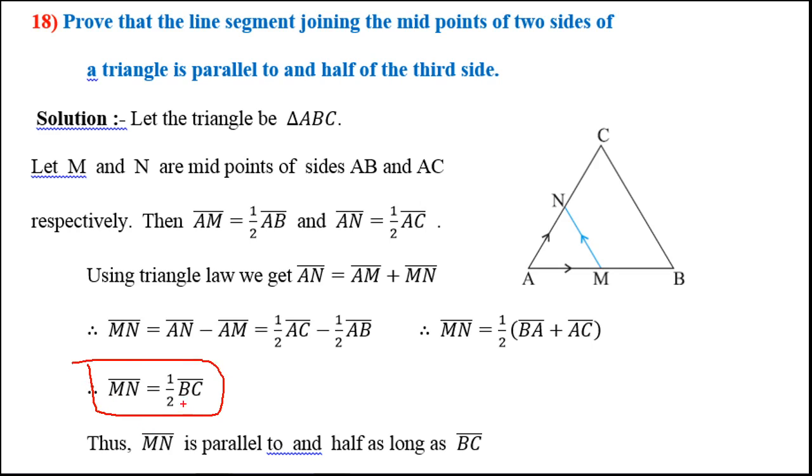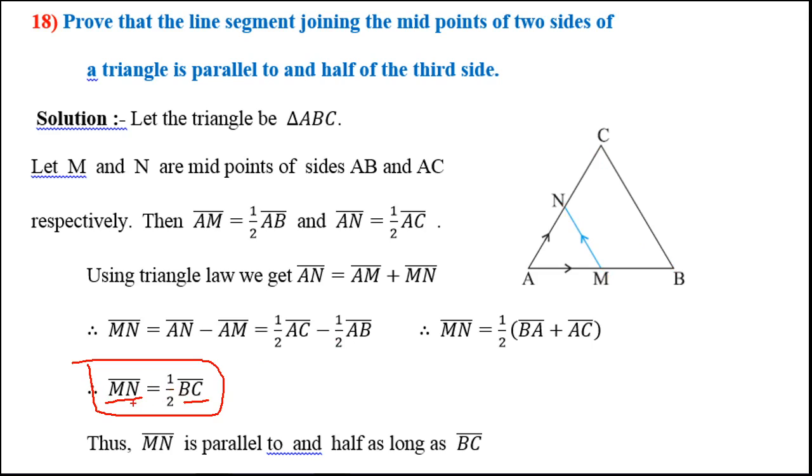Now when two vectors are equal, which two vectors? MN bar and half BC bar. But if we are talking about MN bar and vector BC bar, then they are parallel vectors. So the segment joining midpoints MN is parallel to BC.